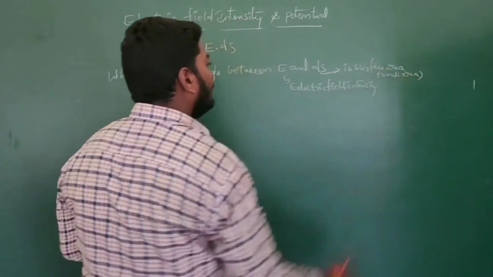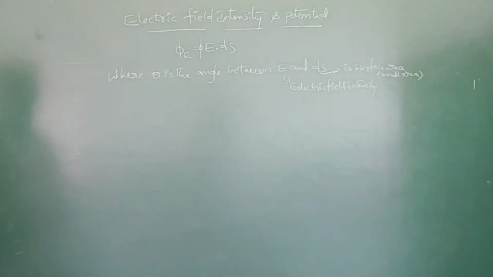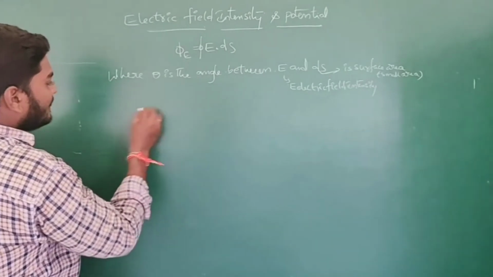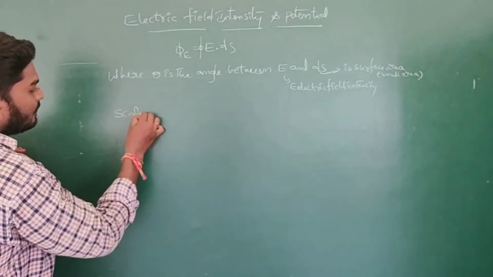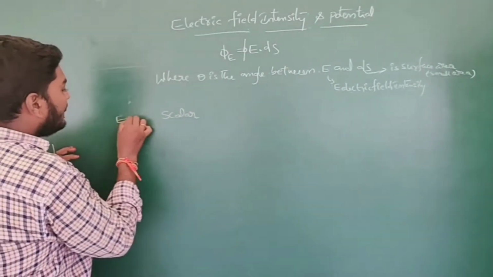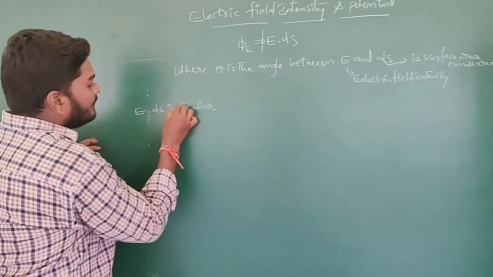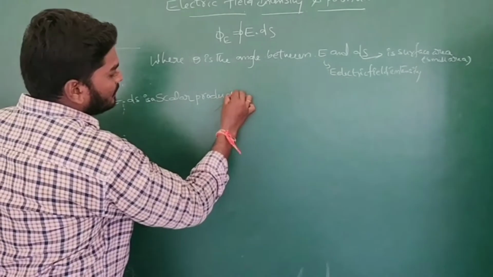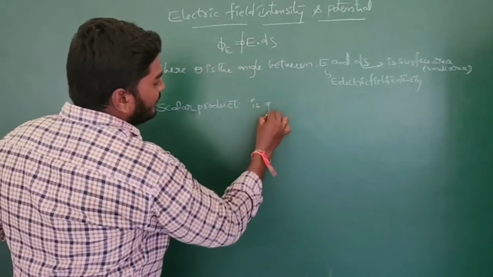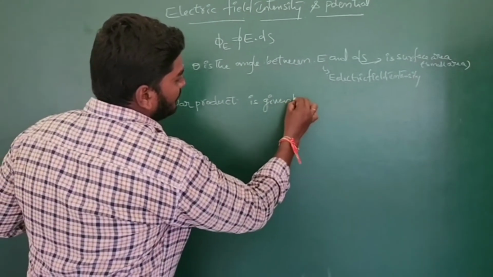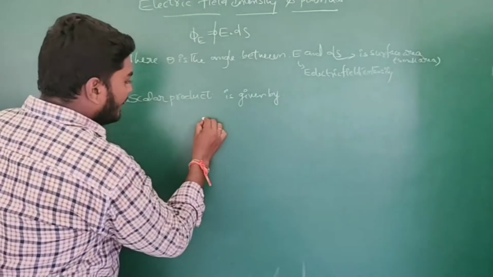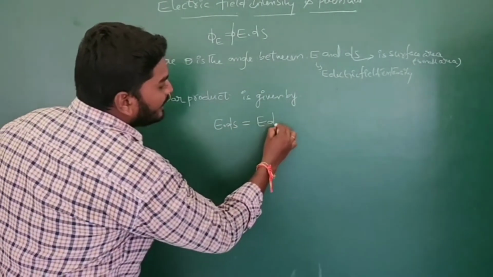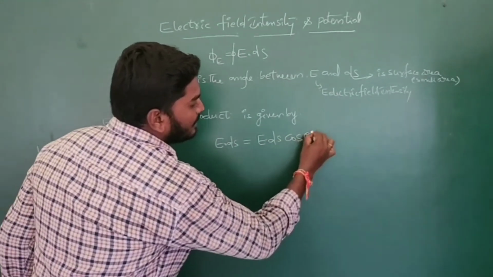E dot ds is a scalar product, given by E dot ds equal to E ds cos theta.